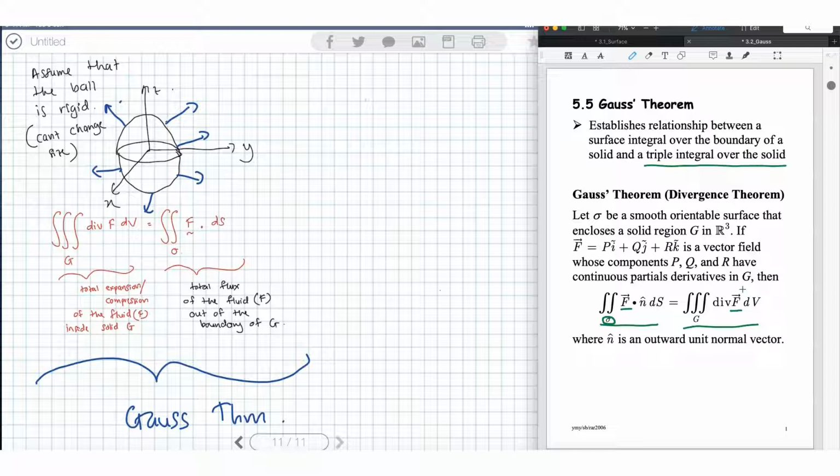Let's say we have a fluid flow. We know that the fluid flow is represented in a vector form, right? That particular fluid is either incompressible or compressible.